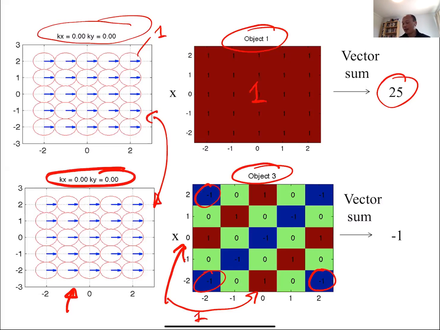Where it's 1, I just have the spin pointing in that direction, so those positive spins would add up to +6. But now I have the spins pointing that direction, and I'm multiplying by -1, so that flips the spins. Those add up to -7. So my total is -1.